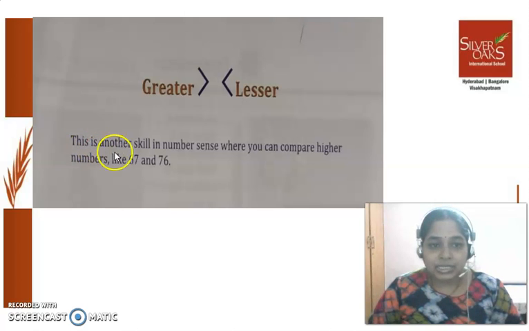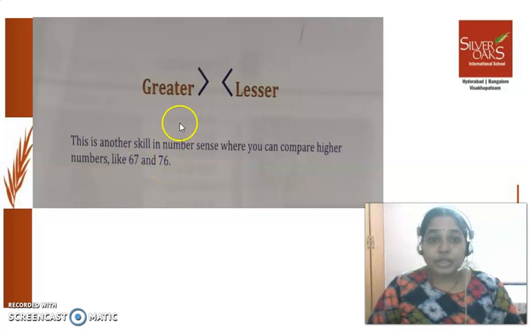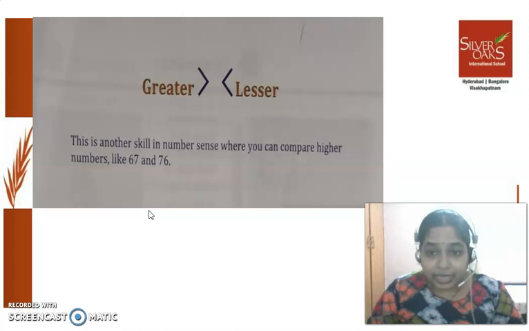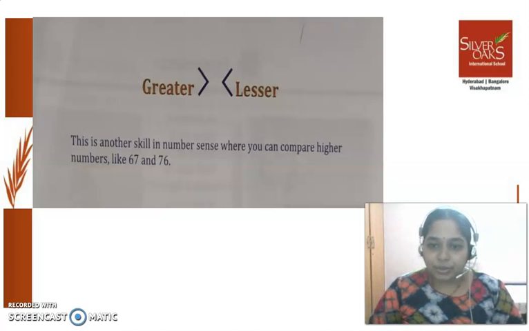This is another skill in number sense where you can compare higher numbers like 67 and 76. Using the symbols of greater than and less than, you can compare the numbers. Now, in 67 and 76, which is greater and which is lesser?